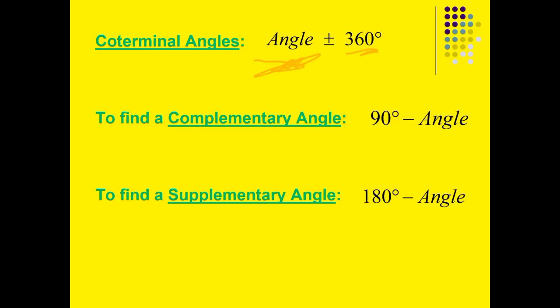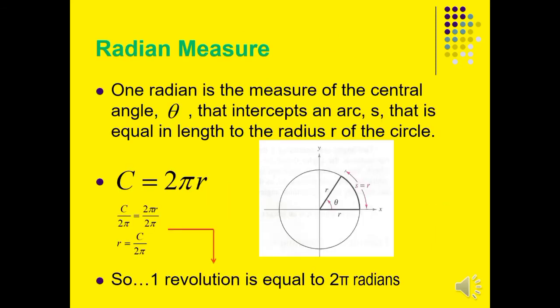So to get the coterminal angles, we have angles plus or minus 360. That's the explanation of how to deal with coterminal angles. Whereas if you're going to find the complementary angle, it is 90 degrees minus the given angle. Then the supplementary angle is 180 minus the given angle. So now let's proceed to what we call radian measure.